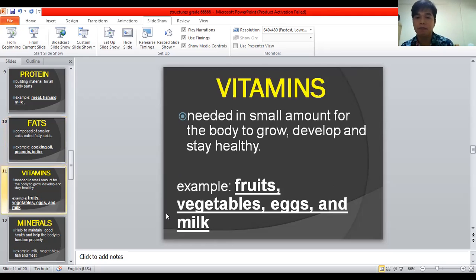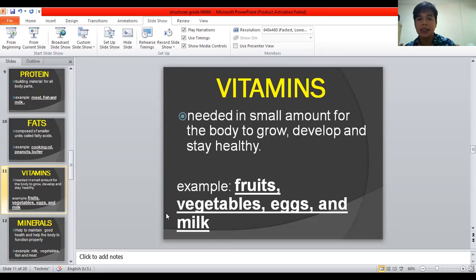Now let's proceed to vitamins. Vitamins are needed in small amounts for the body to grow, develop, and stay healthy. Do you take vitamins? Do you have an idea what is vitamins? Can you give me an example of vitamins?